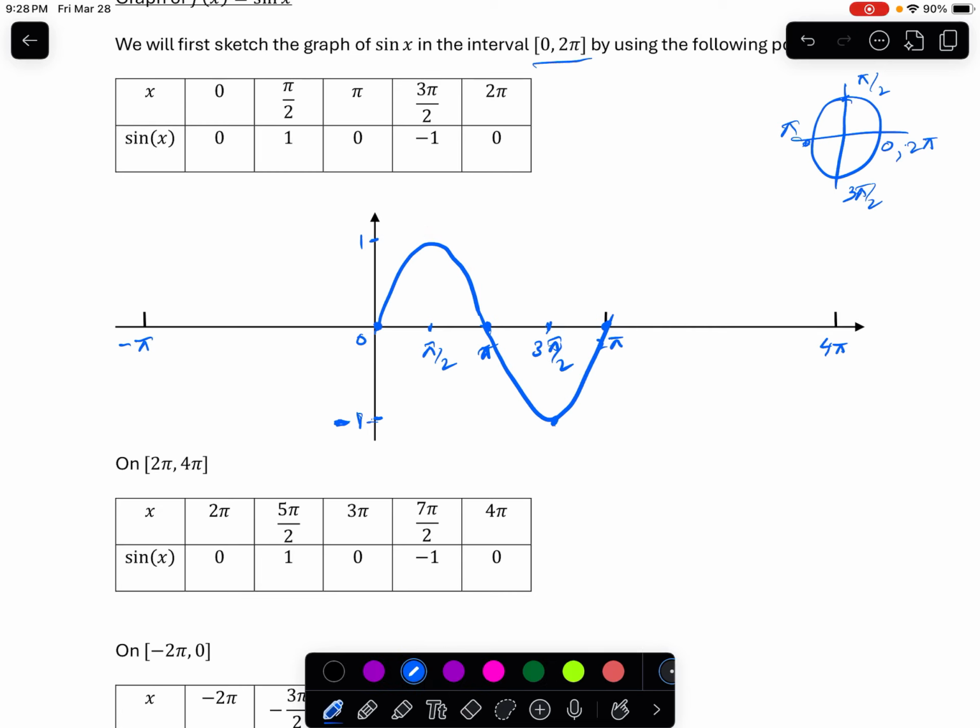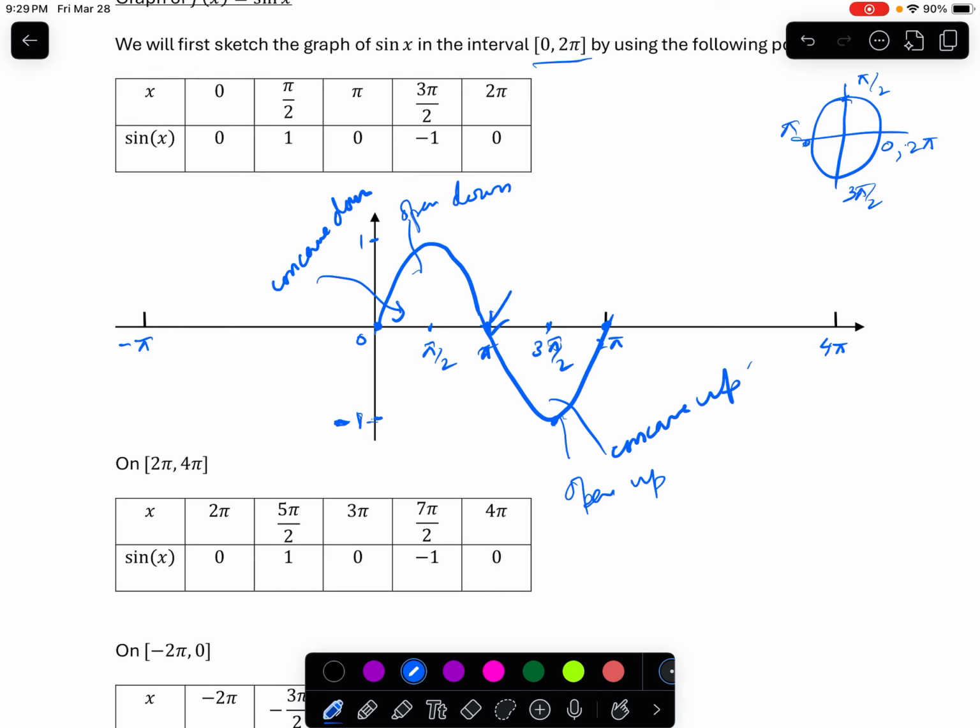Notice that in this piece, the function opens down, or we can say it is concave down. And the piece between pi and 2 pi is concave up. Concavity basically means opens up or opens down.